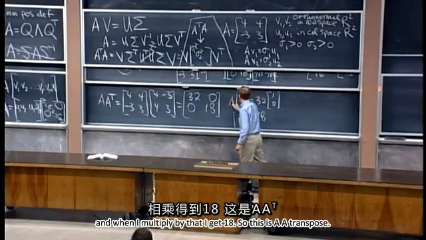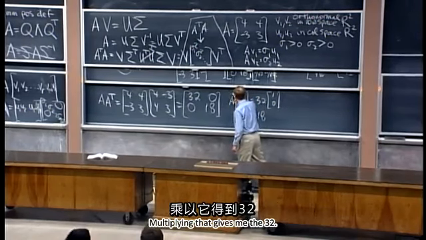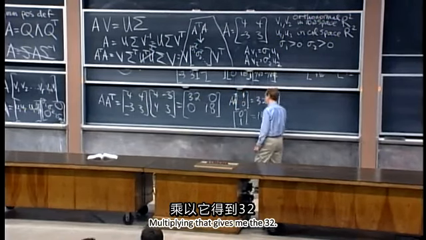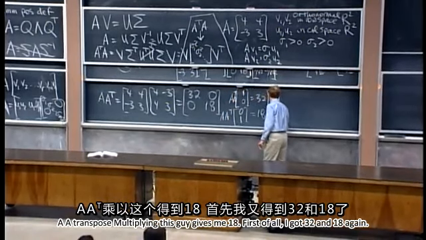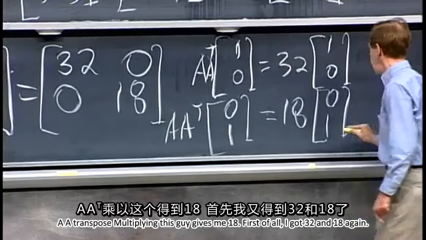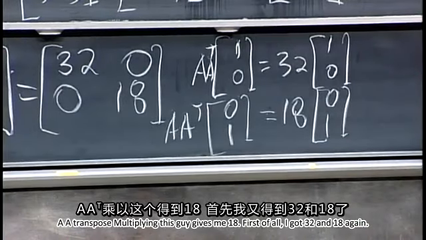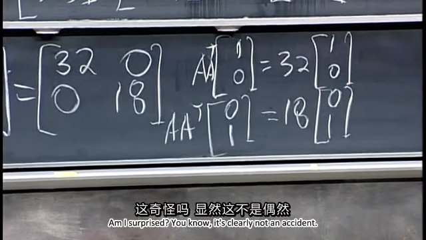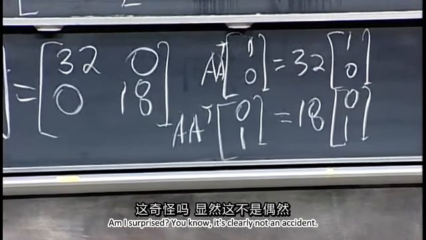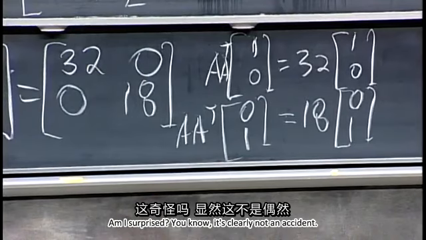So this is A transpose. Multiplying that gives me the 32. A transpose multiplying this guy gives me 18. First of all, I got 32 and 18 again. Am I surprised? Yeah, it's clearly not an accident.